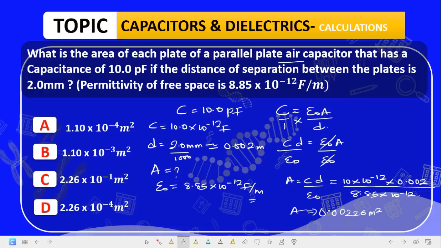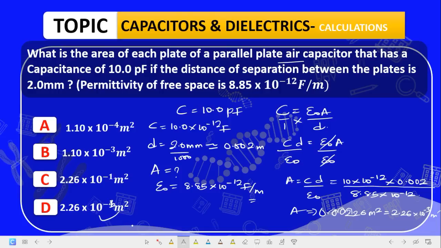If you convert this to powers of ten, this becomes 1, 2, 3, which is equal to 2.26 times 10 raised to the power of minus 3 meter square. I believe one of the options here is supposed to be the correct answer. But let's take this to be minus 3 and take this one to be our answer. So definitely that's how to follow through a problem like this.